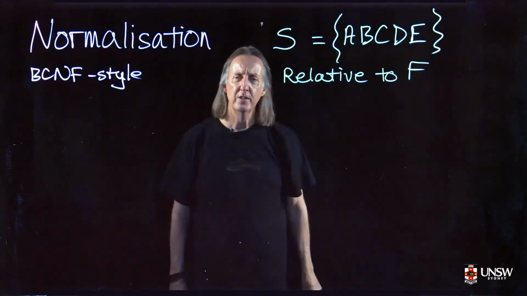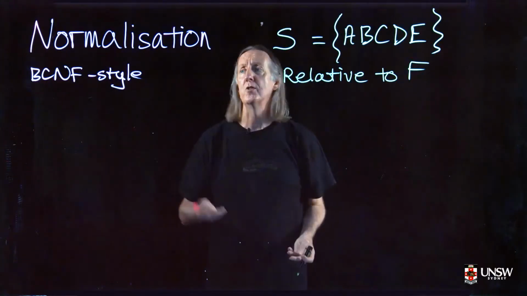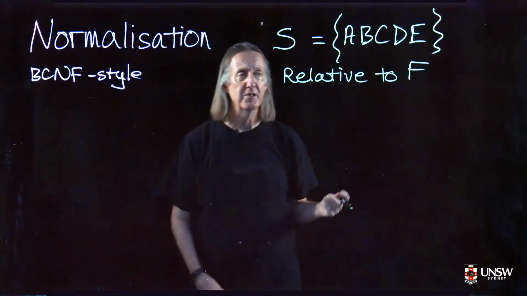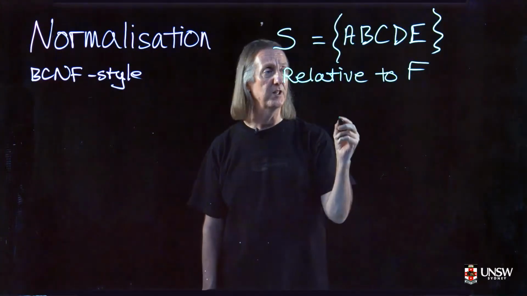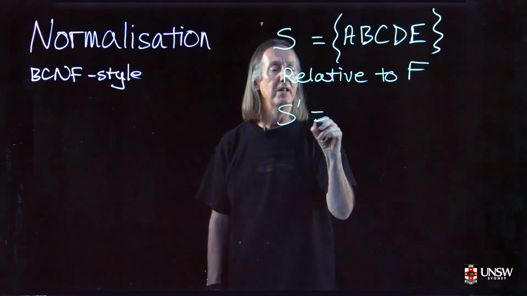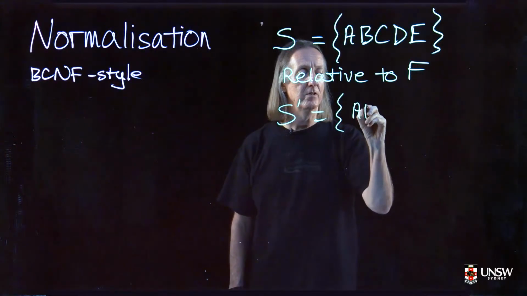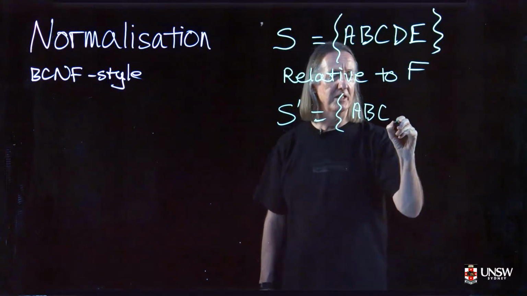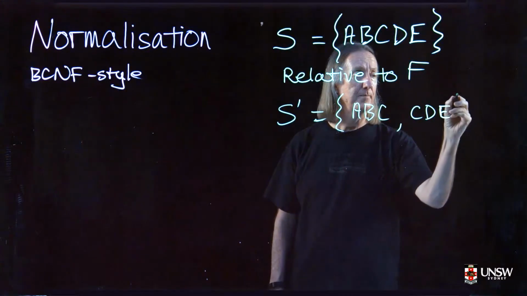If it's not, then we're going to have to do something to transform it towards being in BCNF form. And as I mentioned earlier, that normally involves some kind of decomposition process. So we might ultimately derive a new version of S that involves two tables, A, B, and C, and C, D, and E.